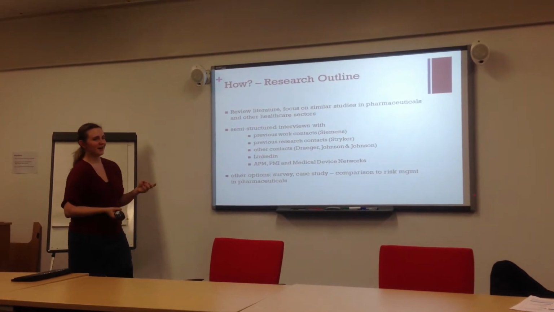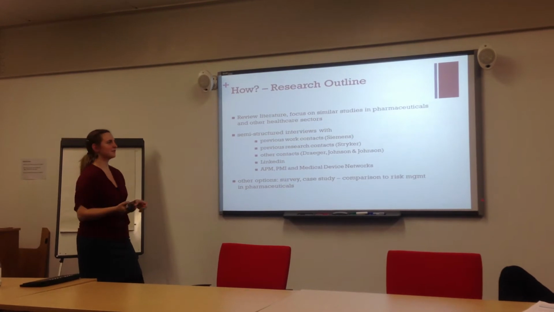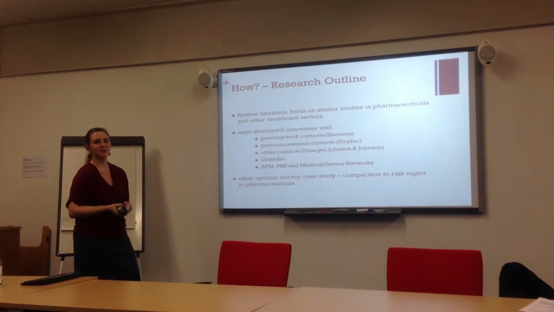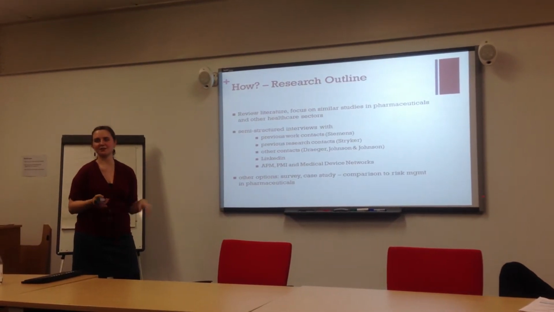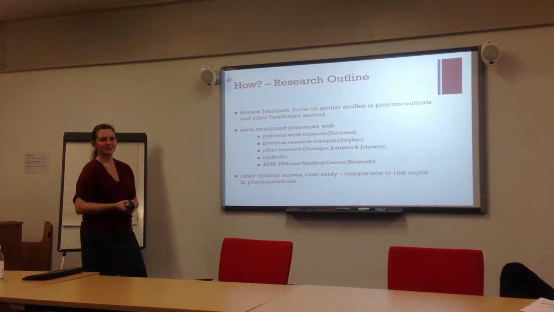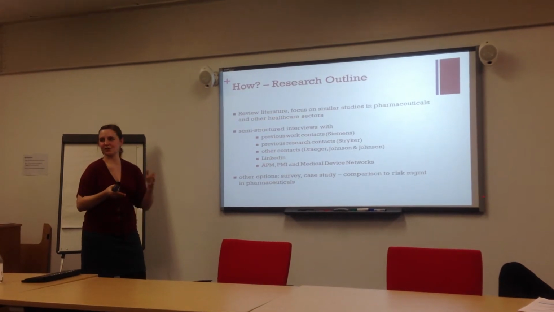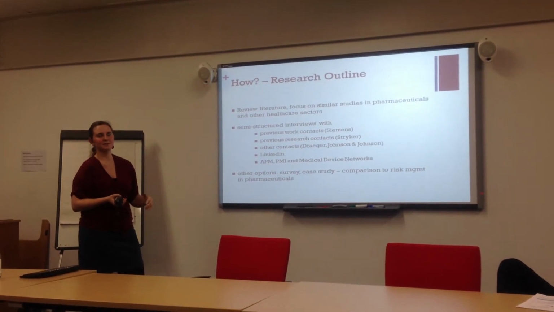Okay, so how am I planning to do that? I already started doing the literature review, and I would continue that and look at how the similar studies for pharmaceuticals have been conducted. People did exactly the same, only for a different product. So I might follow the way they evaluated the risk management, because for pharmaceuticals the new product development steps are almost the same.